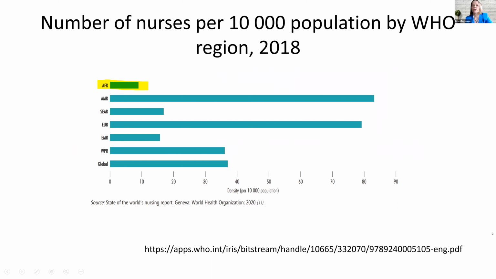I also just wanted to highlight the number of nurses per 10,000 population by region. If you see at the top, colored in yellow, Africa has the least amount of nurses. And obviously this creates big problems for us in terms of how we manage the health of our population.